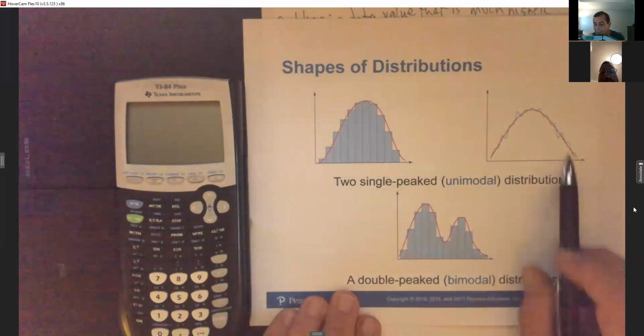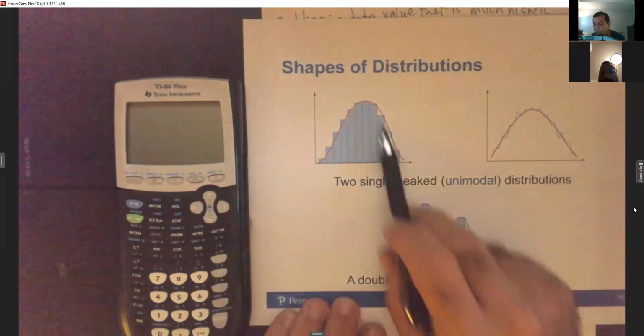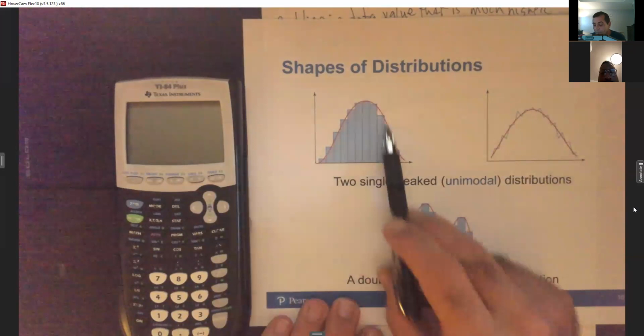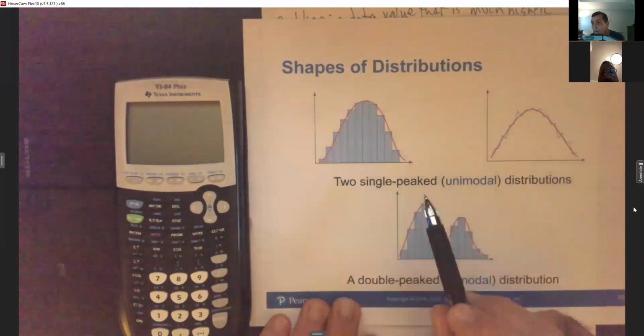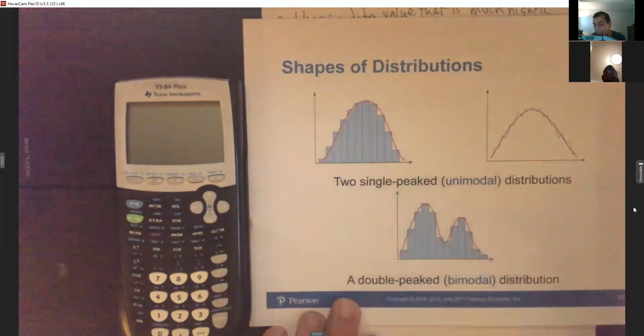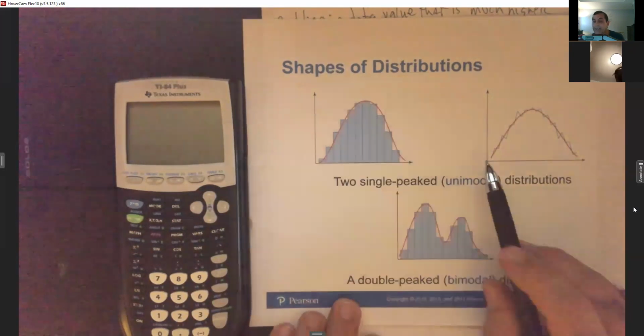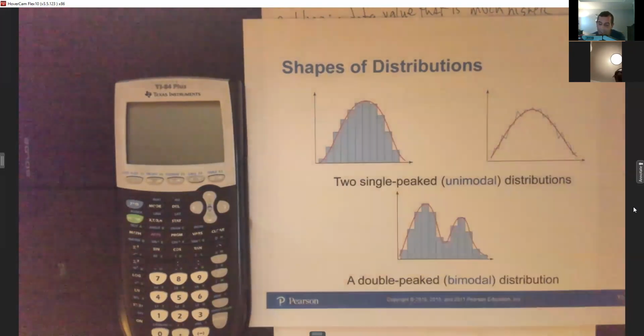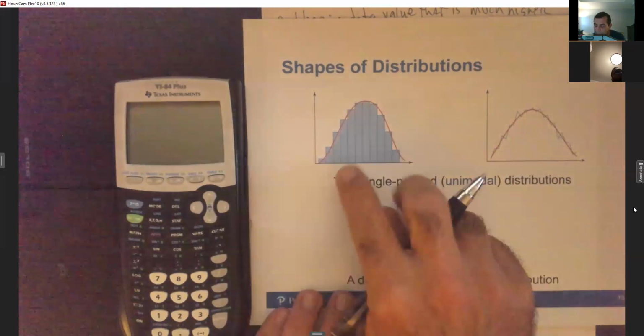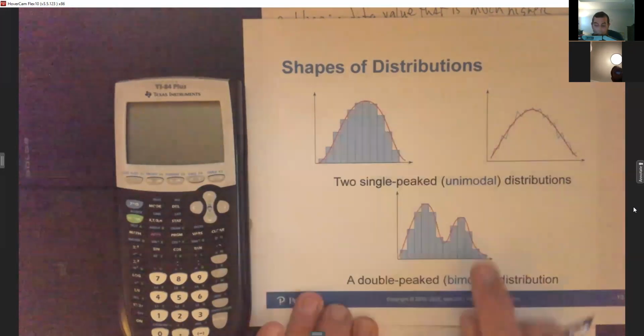Single humps could be looking at all college students and what number of hours y'all might spend working or studying in a week. That might give me a single peak, okay? So single peaks, double peaks, which we often call bimodal.